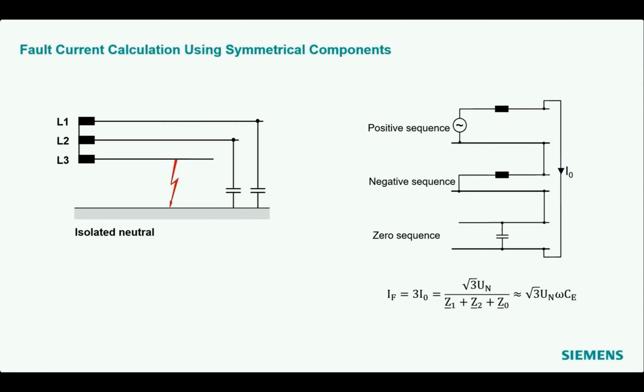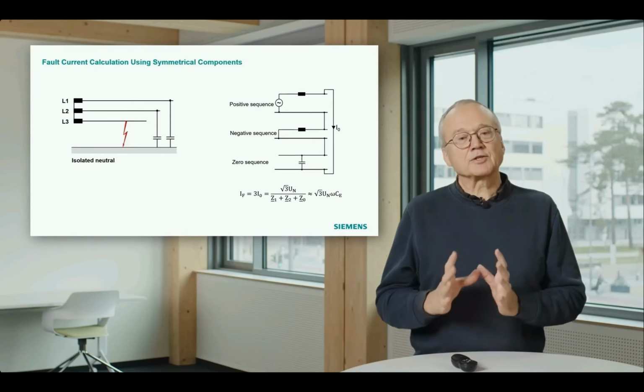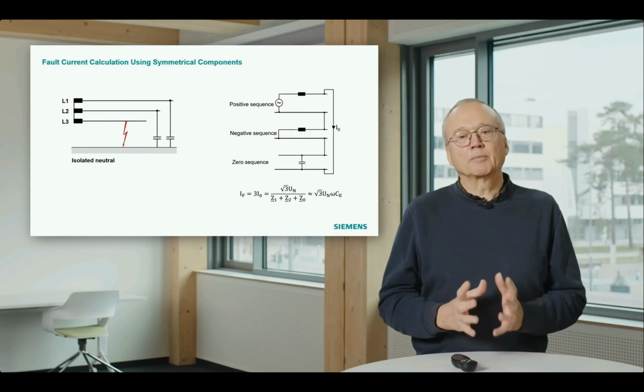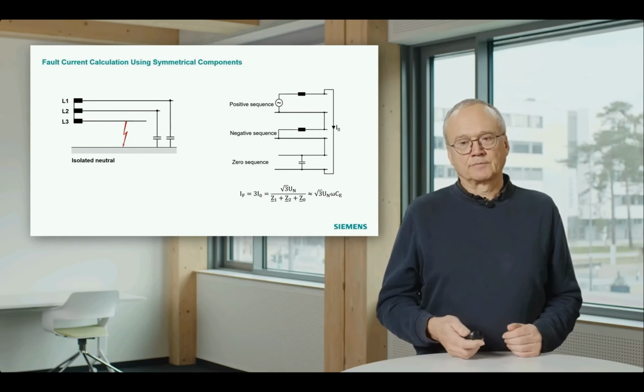And if you solve that, you see as the result that the fault current is square root of 3 multiplied by rated voltage multiplied by omega, which is 2 pi multiplied by frequency multiplied by the line capacity. That is the earth fault current we have under permanent earth fault conditions.